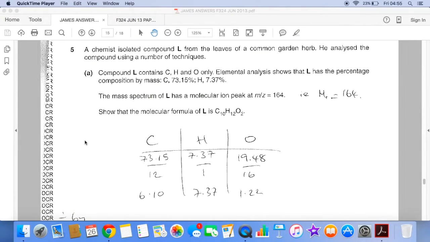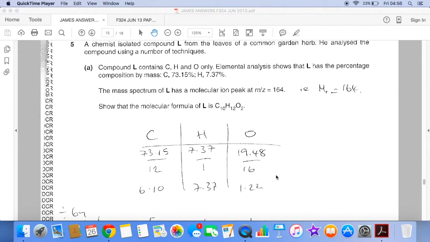Part A, we've got to show the molecular formula of L is C10H12O2. So you can see I've scribbled there the M/Z at 164 means that the MR of the molecule is 164. So we're going to do an empirical formula calculation. We've got the carbon and the hydrogen percentages, so the difference from 100 is the oxygen percentage.